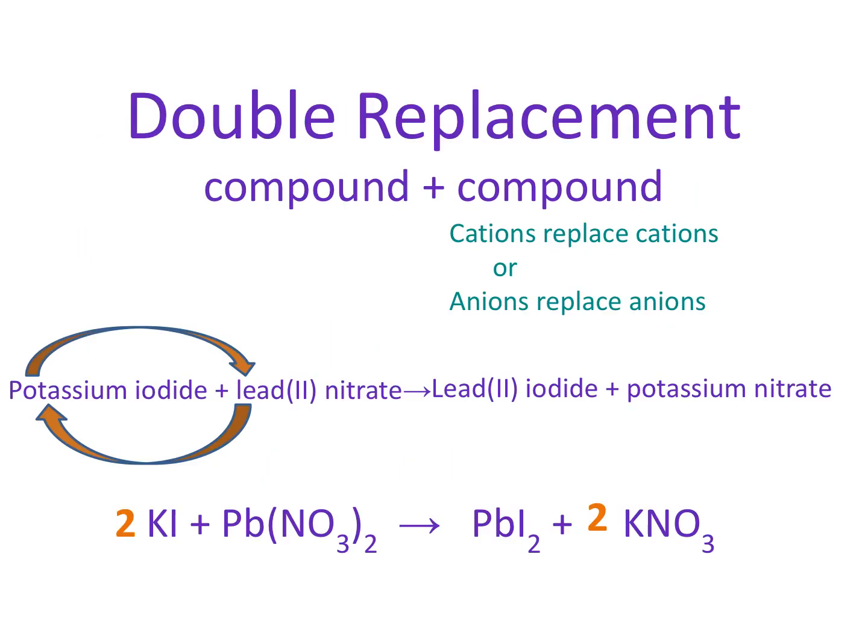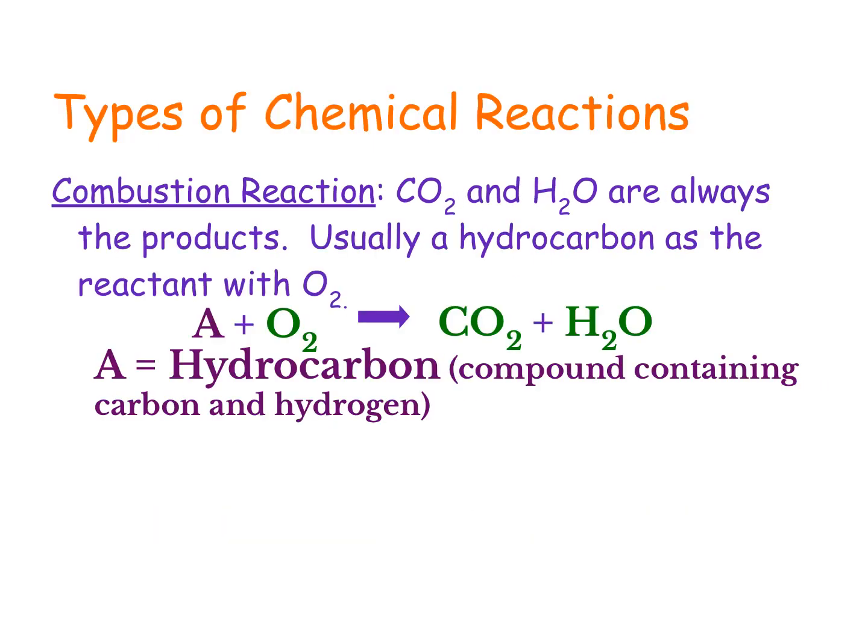As I mentioned earlier, when we're differentiating between single and double replacement, single replacement will always start with an element and a compound. Double replacement will start with 2 compounds. And we have an example for you here, and you can see that the cations replace cations and the anions replace anions.